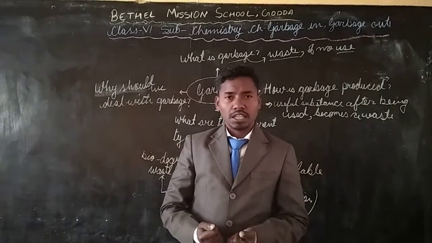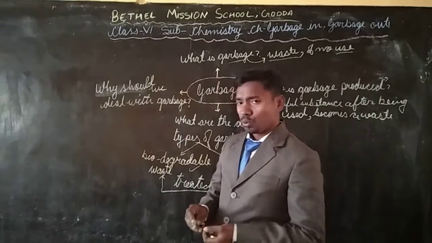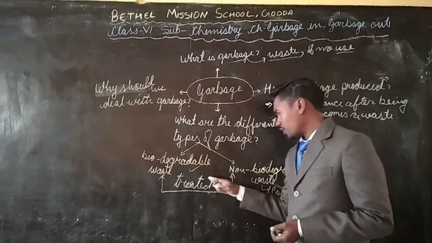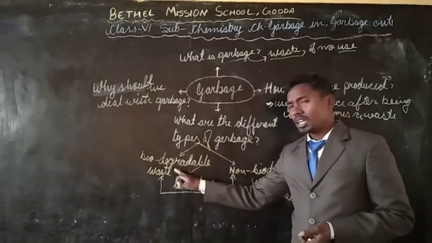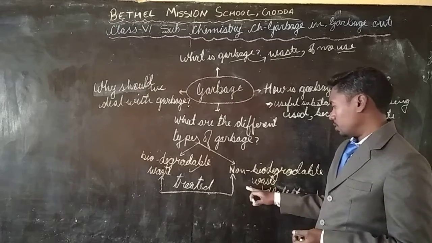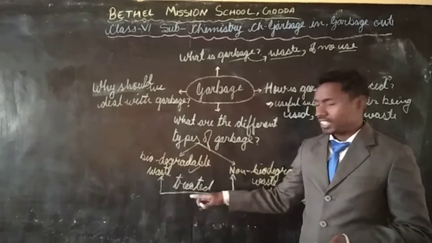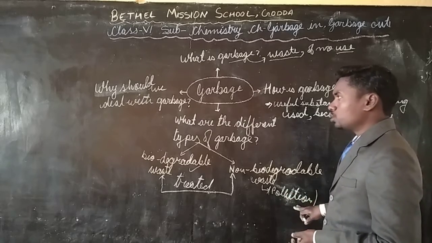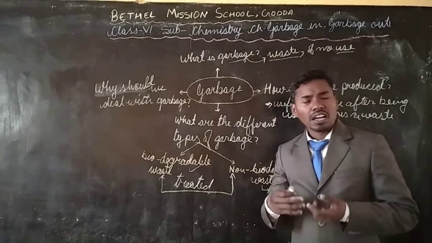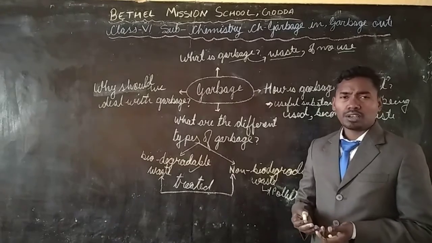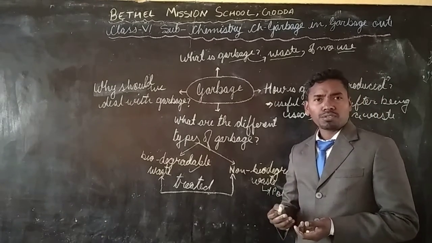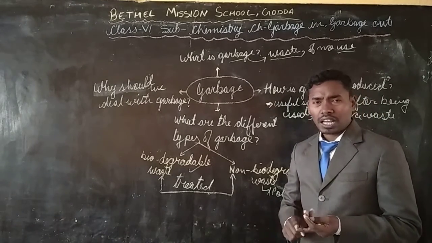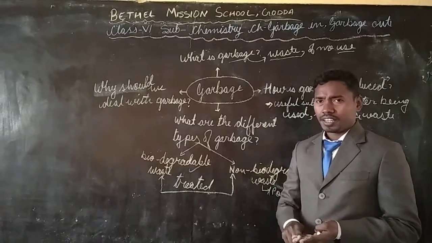The reason is that, as I told you, there are two types of garbage: biodegradable and non-biodegradable. If we don't treat non-biodegradable waste, it leads to pollution. It has adverse effects in the various realms of the earth that we have, for example, land, water and air.